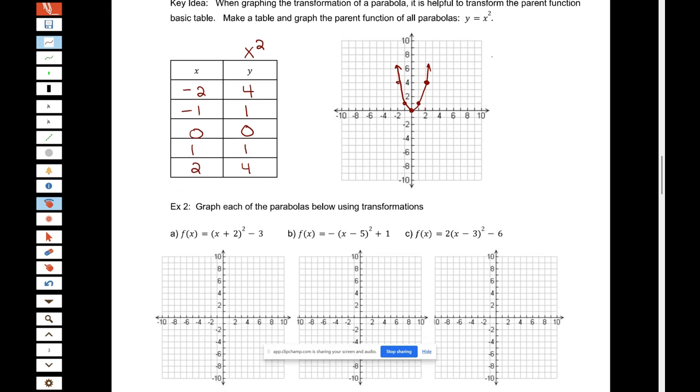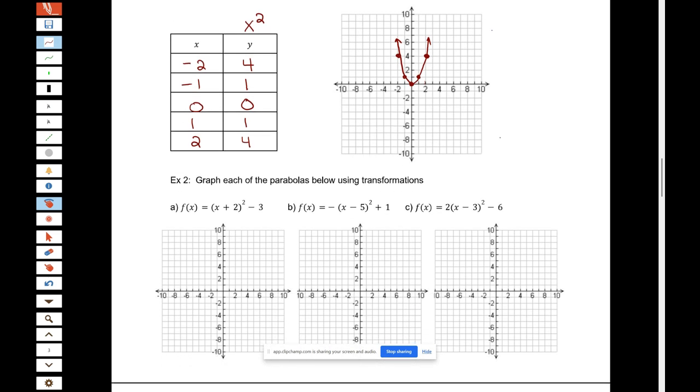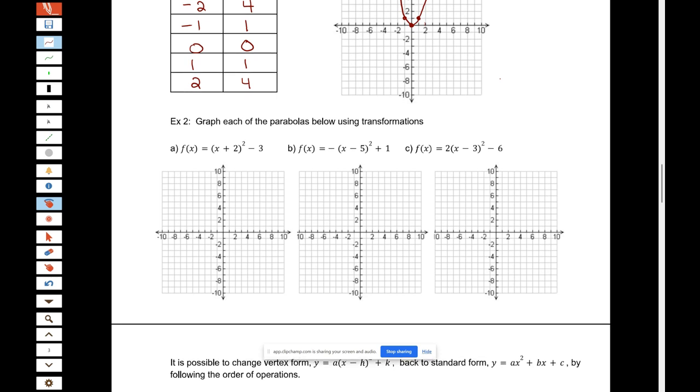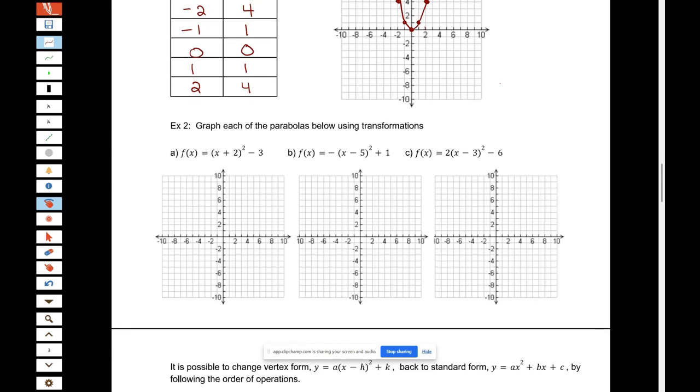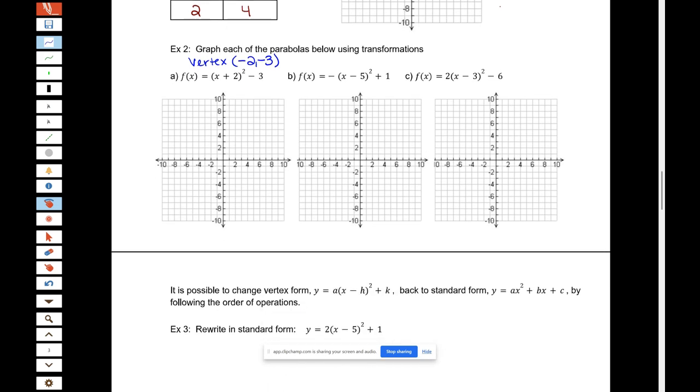Well, if we picture using that to graph a transformation, like maybe this first one here, x plus 2 squared minus 3, well, that one's going to have a vertex of -2, -3, based on our h, k rule.